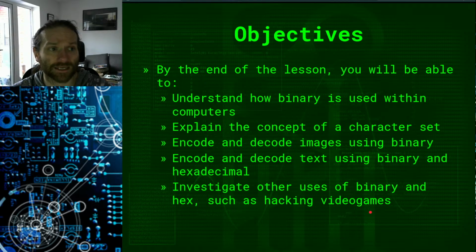We'll look at something called a character set, and we will have a look at encoding and decoding images and text using binary, and I'll show you how that relates to hexadecimal as well, because binary numbers tend to be fairly difficult to look at, whereas hexadecimal numbers are a lot nicer.